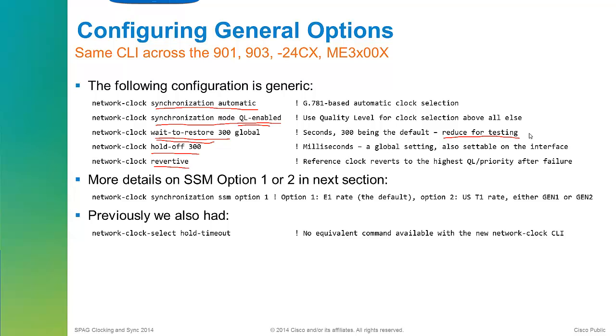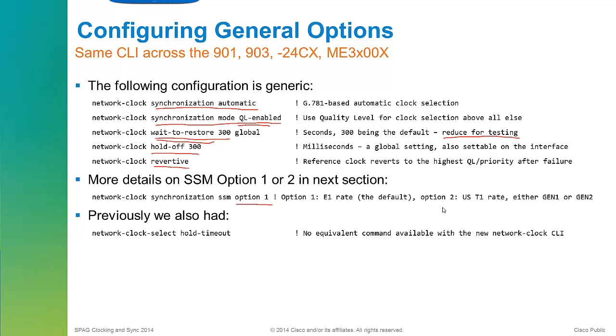The next thing we need to define is a SSM option, and really this just tells what part of the world you're in. Option 1 is the ITU world, and in the ITU world you talk SDH, you talk E1, and so you select option 1.